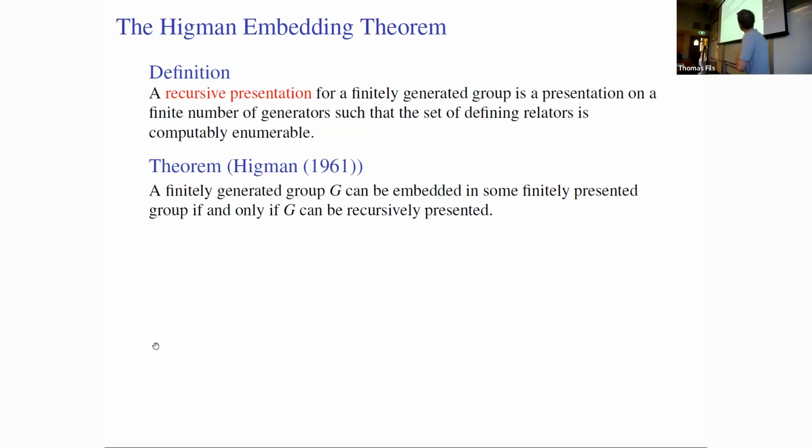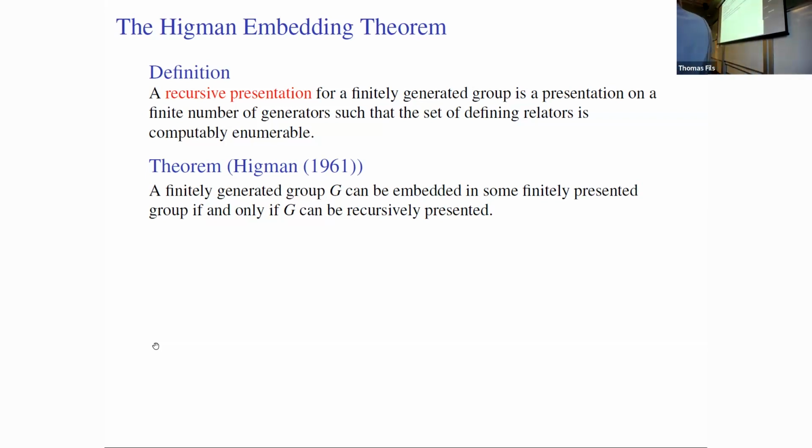Okay, and what Higman proved is that these recursively presented groups are exactly the finitely generated subgroups of finitely presented groups. So a finitely generated subgroup of a finitely presented group is precisely one that can be recursively presented. This is one of those theorems with one easy direction and one hard direction.